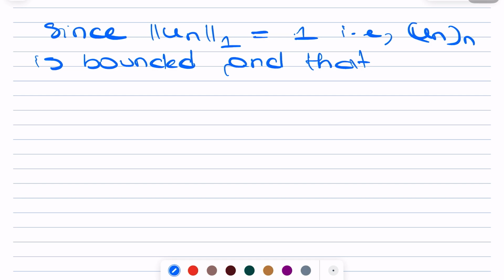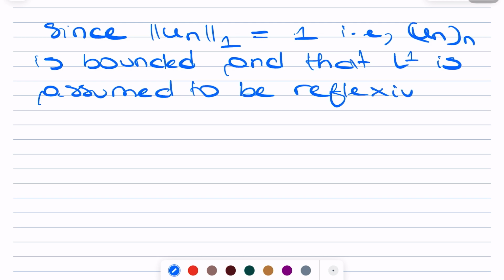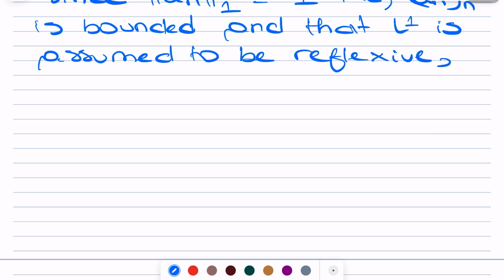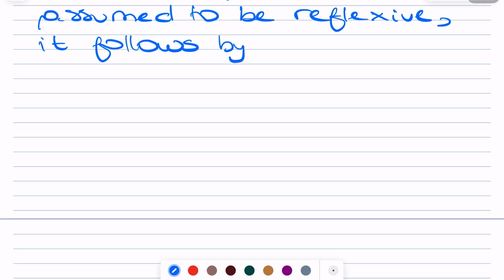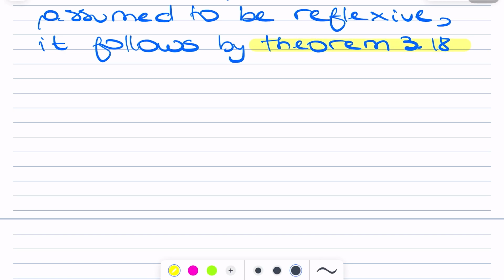Since Un is bounded and L1 is assumed to be reflexive, we know from theorem 3.18 that every bounded sequence of a reflexive space has a weakly convergent subsequence.